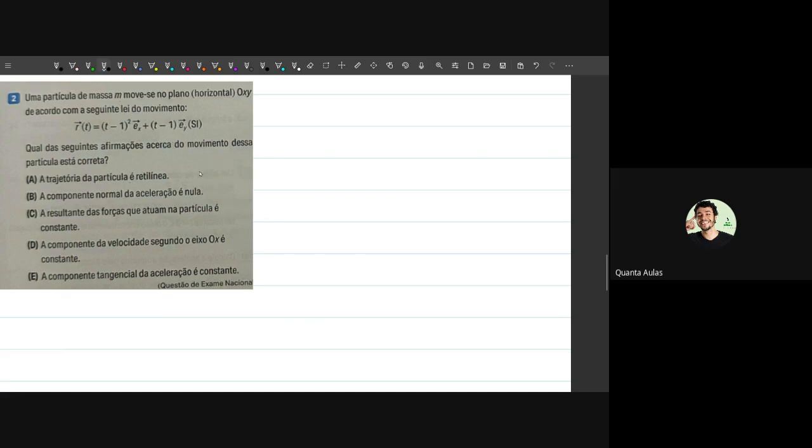We can read this: the path is a line. How can we know this? How can we discover this?